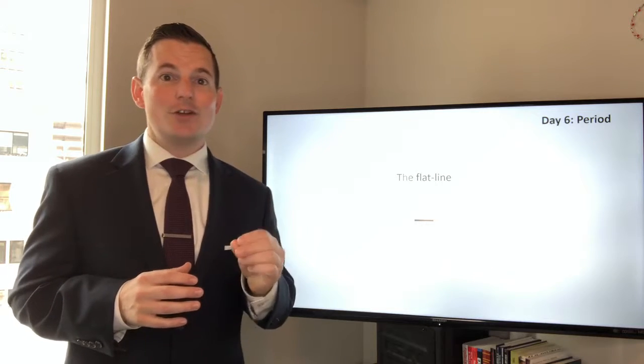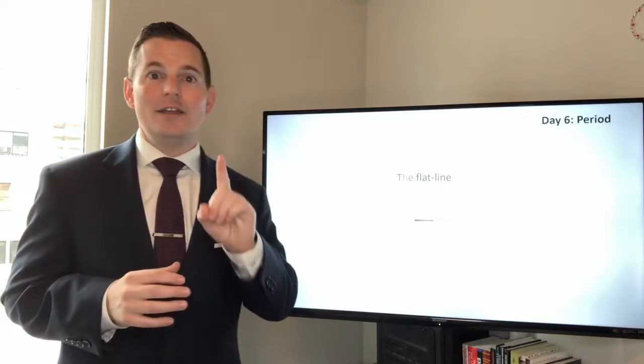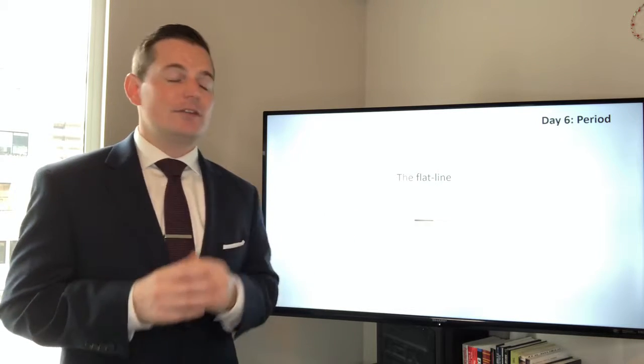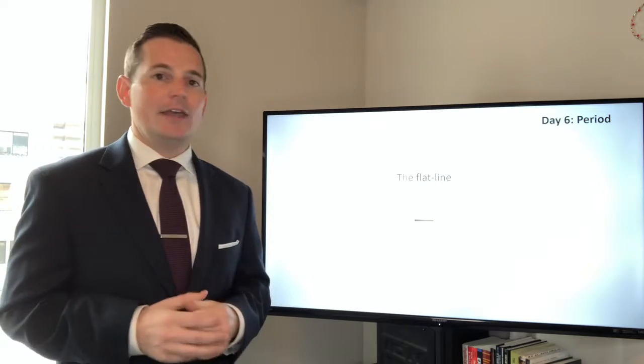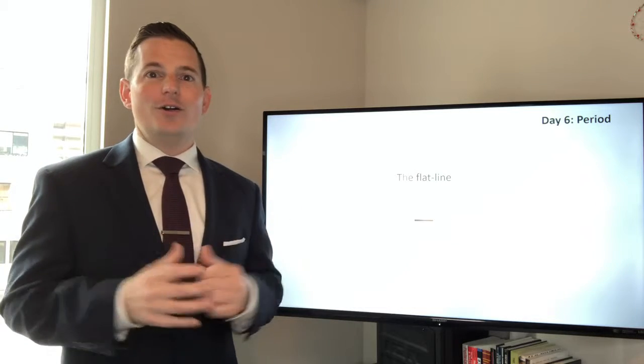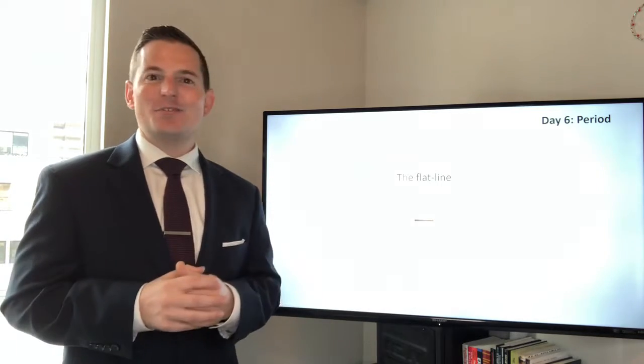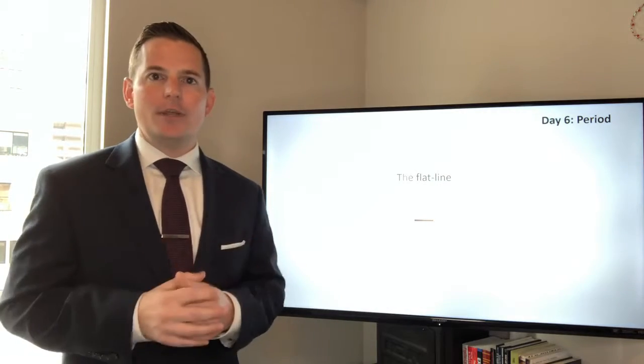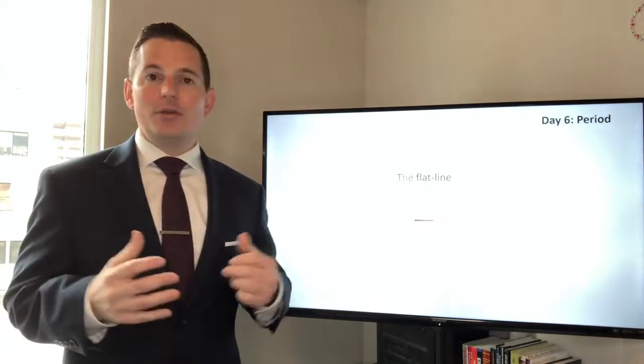So if you're looking at the daily chart, the period is 1 day. And if you're looking at the weekly chart, the period is 1 week. That's a really important concept to understand. We talked about it all last week on day 5, right? That was all about the time frame and what each period represented.